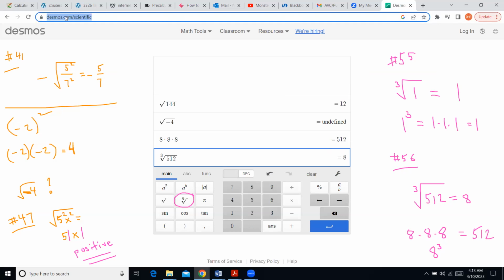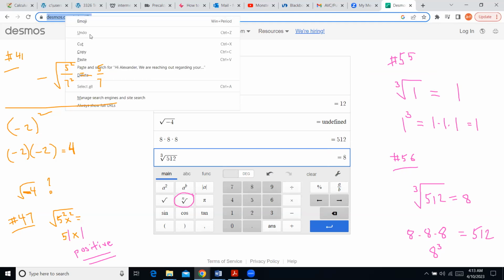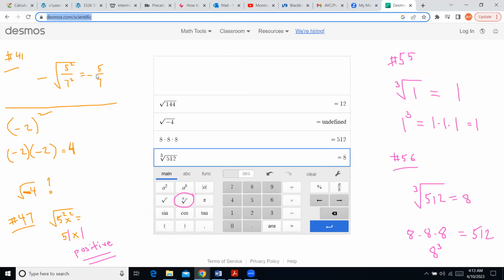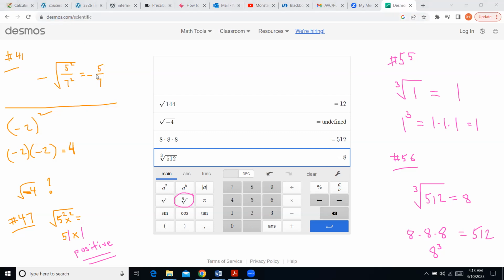So this is a nice calculator, and I think that in the future, if you are taking any classes related to math, you don't have to look for a calculator. You could just get one totally free online. I just put the link to it in the Zoom chat for everyone. So if you know how to use this calculator, I think it'd be very, very helpful.